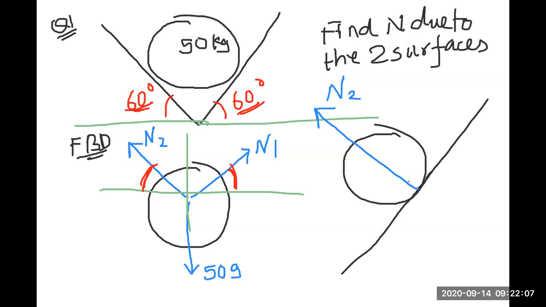So this is 90 degrees. Everybody should understand this. The normal reaction acting on the sphere due to the inclined plane is perpendicular to the inclined plane. Okay? So if this is N2, and I know that this angle is 60 degrees, this is given, right?